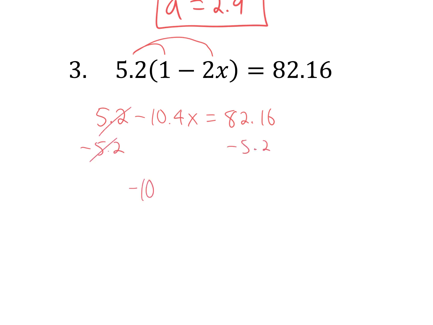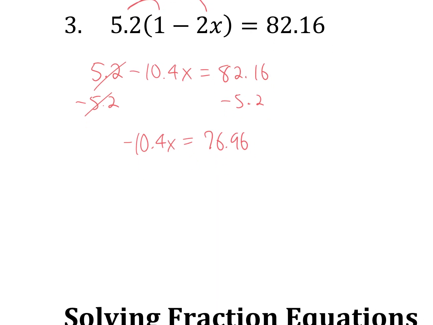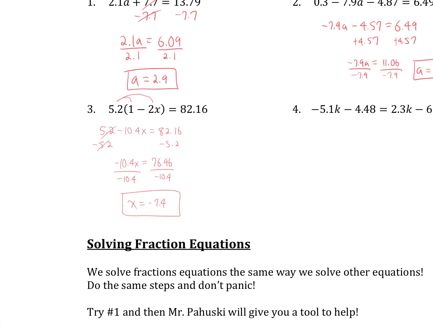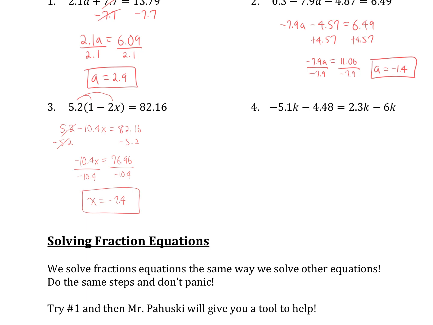So negative 10.4x equals, what's that going to be? 76.96. All right, divide by negative 10.4. Undo multiplying by that. x is going to be equal to negative 7.4. All right, very cool. All right, try the last one if you haven't already.